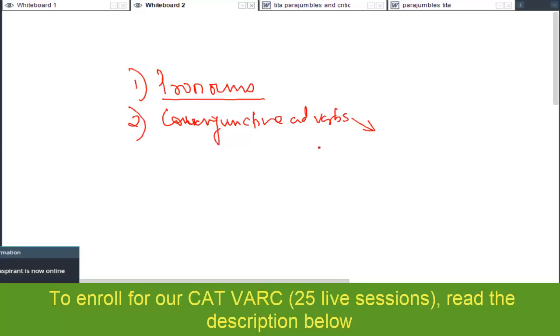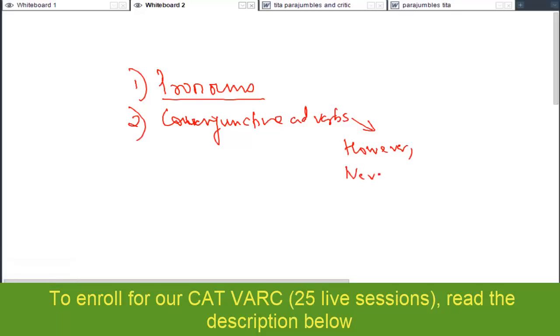For example, when you have an adverb like however, when you have an adverb like nevertheless, all these adverbs connect two different sentences, and they connect two different contrasting ideas. So when you see however, that means the sentence coming and the sentence before are basically contrasting in nature.